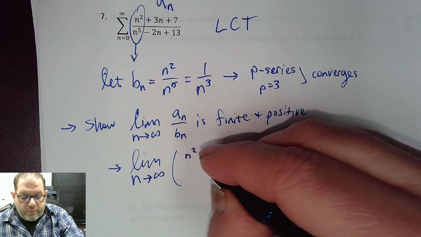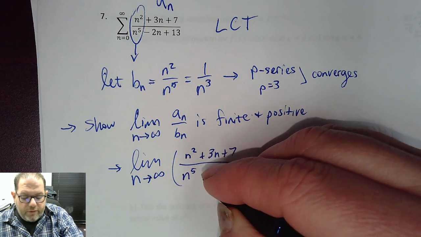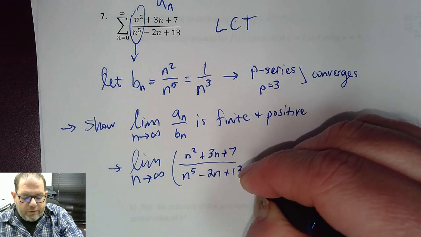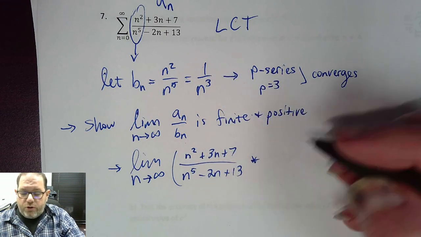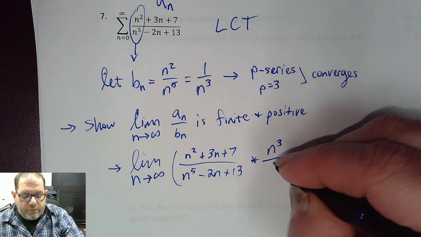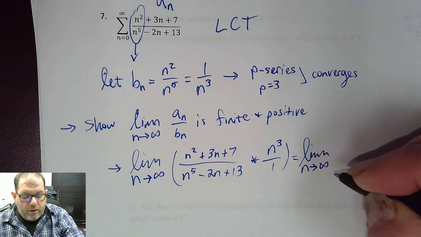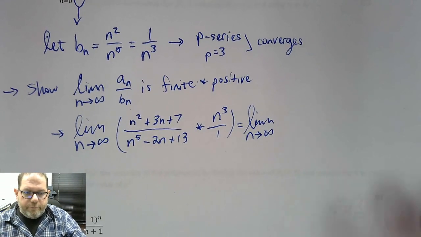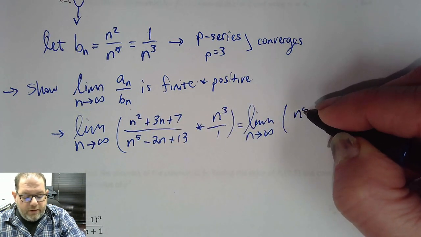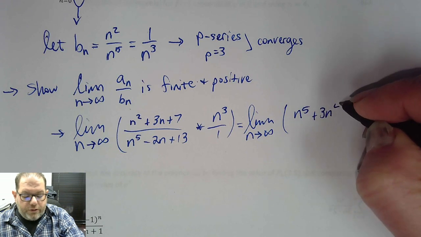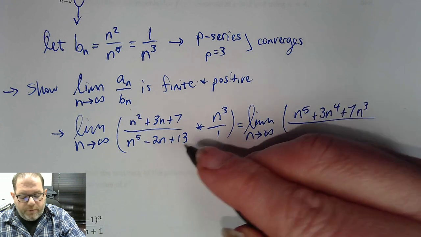So we'll take n squared plus 3n plus 7 over n to the 5th minus 2n plus 13. Now, we would divide by b sub n, but instead of dividing by 1 over n cubed, we'll multiply by its reciprocal. So distributing that n cubed in the numerator, that's n to the 5 plus 3n to the 4 plus 7n cubed. And we just rewrite the denominator, we're just multiplying by 1 there.